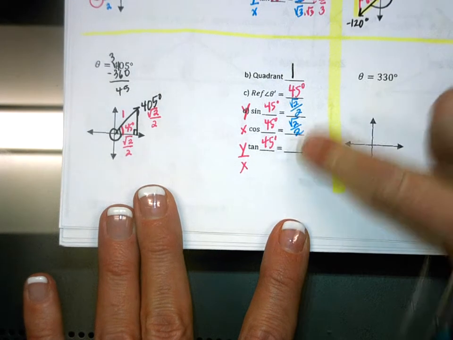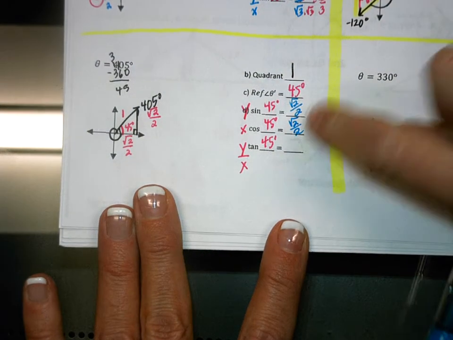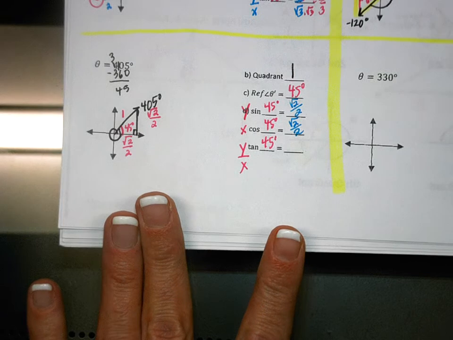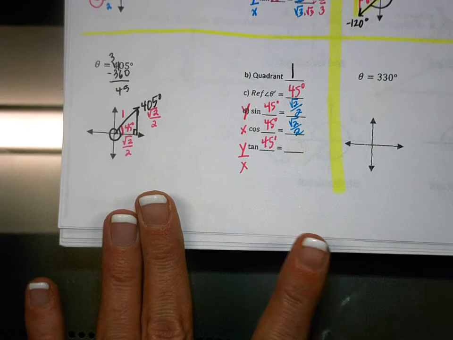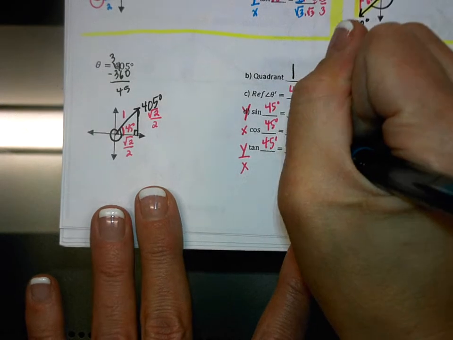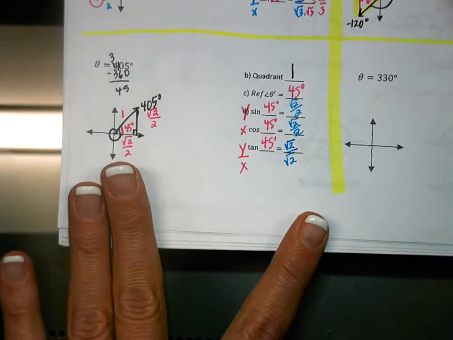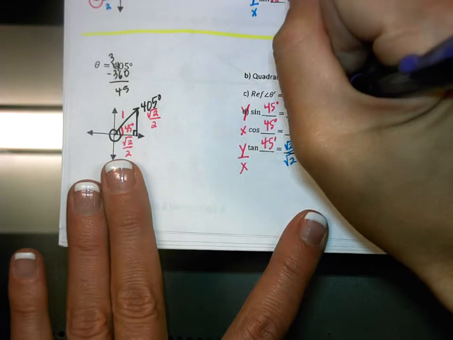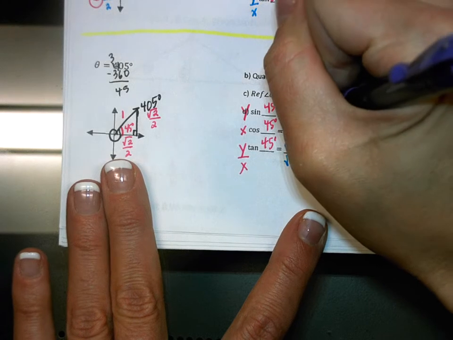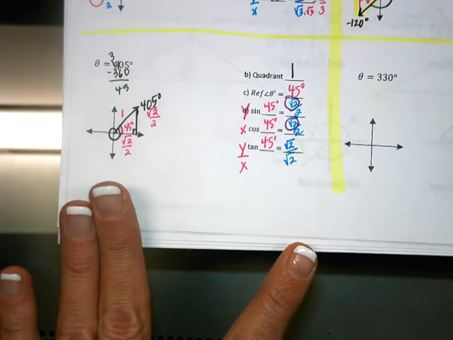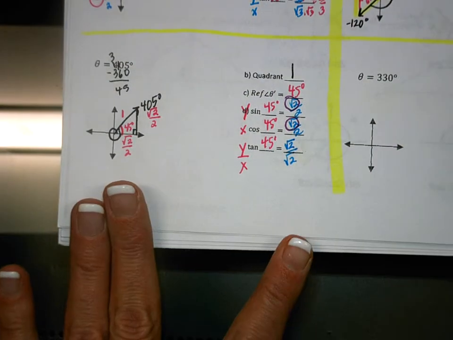And for tangent, we know that the denominators, which are 2, will end up canceling out when we do our same change flip stuff. And so really, tangent is root 2 over root 2. You are just taking the numerators. So you're taking the root 2 over root 2, and that ends up reducing to be what? 1.